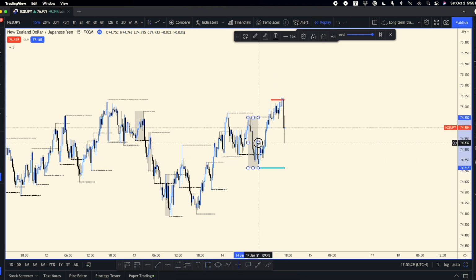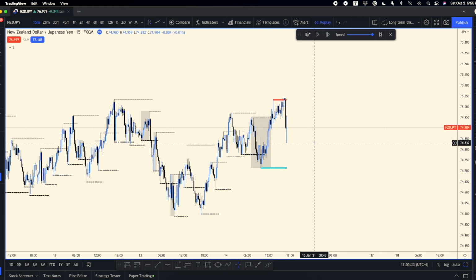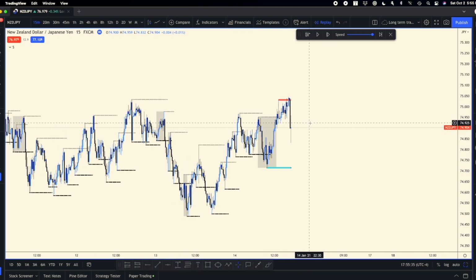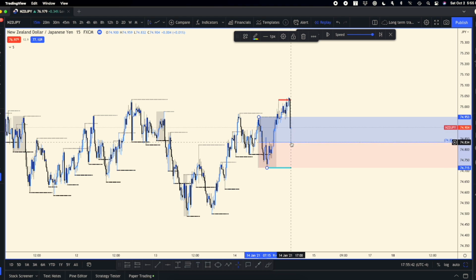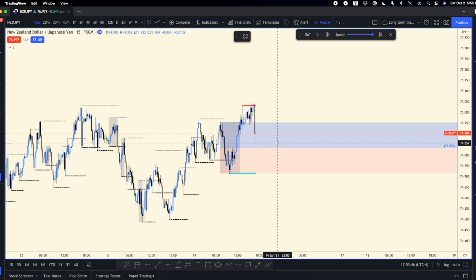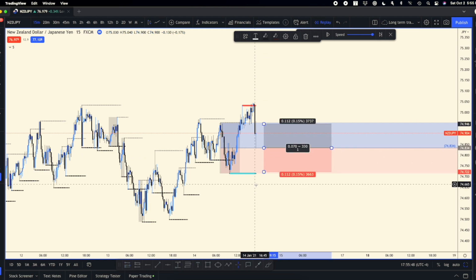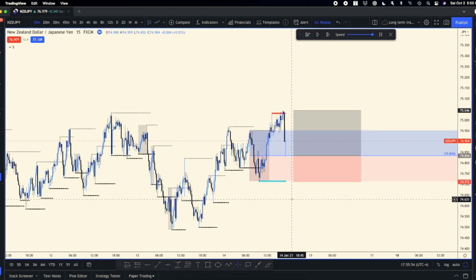Looks interesting, man. So this is a valid MB, and it looks to be taking out highs to me. I already tapped into the 50%. And we do have a valid double MB, but I should wait for this, right? And I'm gonna tell you why I should wait.